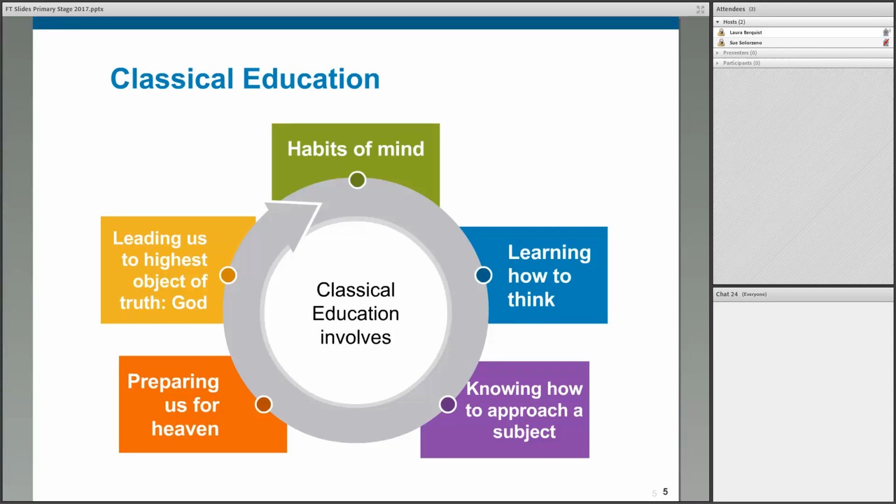Are you inclined to think first in terms of definition, or are you inclined first to react in terms of feeling, or are you inclined first to think about causality? Those are habits of mind. Even reacting emotionally is a habit that one could develop, right? How does this affect me? So developing habits of mind takes place over time.